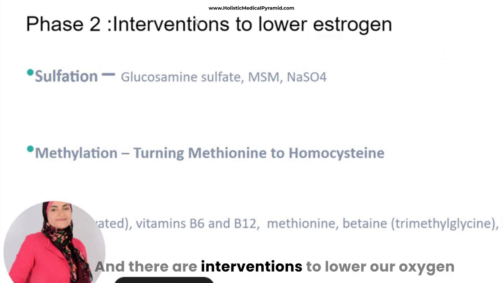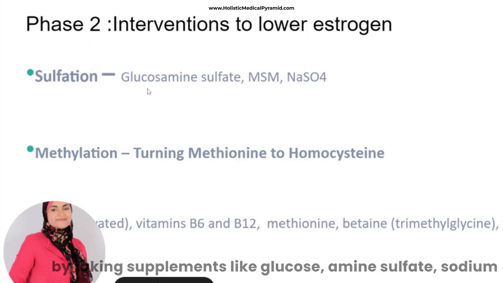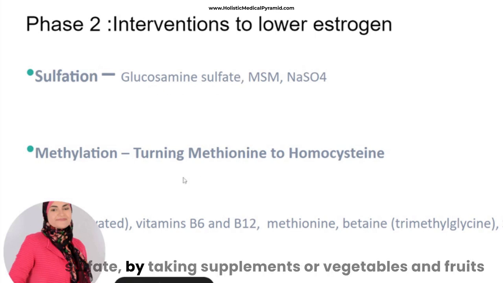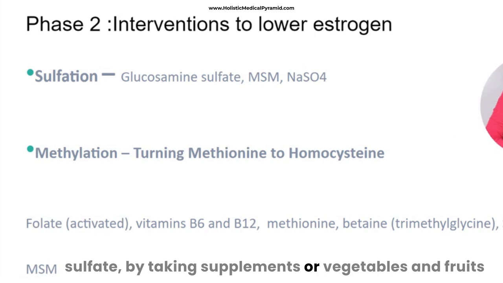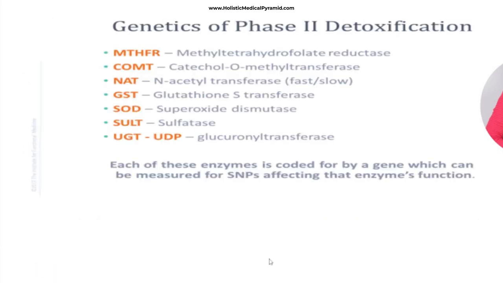And there are interventions to lower our estrogen by supporting sulfation, supporting glutathione, and supporting methylation by taking supplements like glucosamine sulfate, sodium sulfate, by taking supplements or vegetables and fruits that have active folic acid, B6 and B12, methionine, betaine, SAMe. These are the factors we need to have proper methylation.